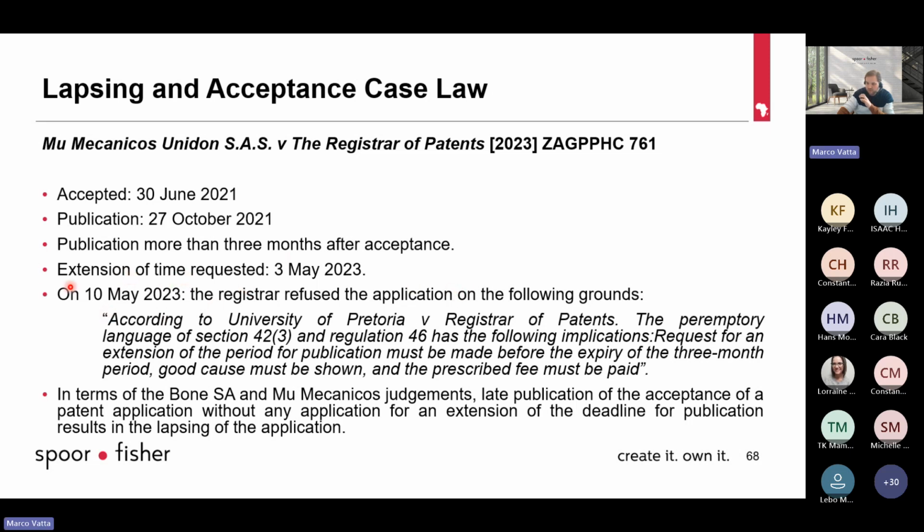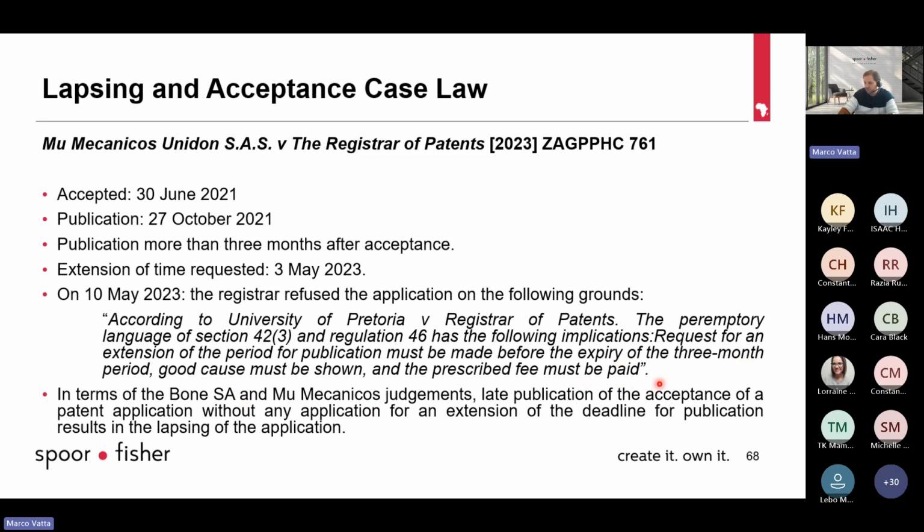And the registrar's decision was based on the outcome of the University of Pretoria case, where the reason provided for the refusal was that, according to the University of Pretoria versus the Registrar of Patents, the peremptory language of section 42.3 and regulation 46 has the following implications. The request for an extension of the period of publication must be made before the expiry of the 3-month period.